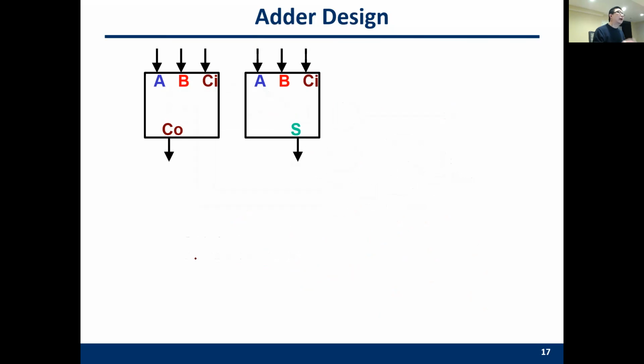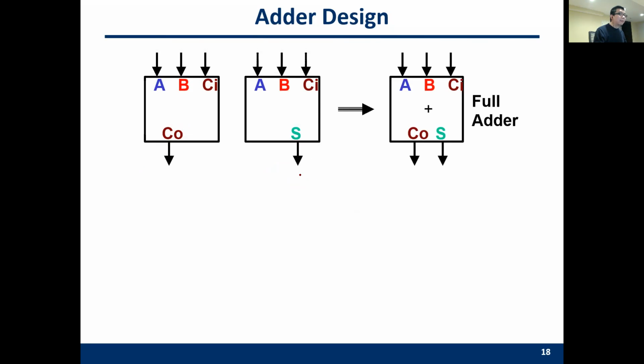And then we can rewrite the full adder like this. This is the component which can generate the cout, carry out. And this is the component which can generate the sum. Both of these two components have the same inputs, which are A, B, and C carry in.